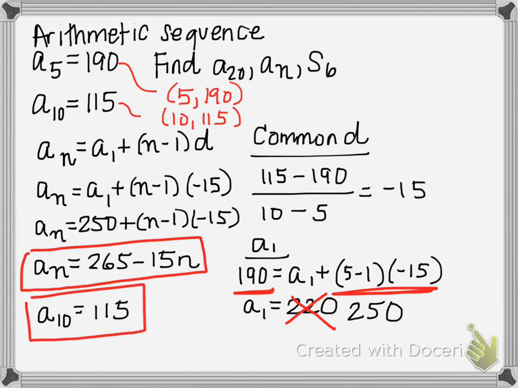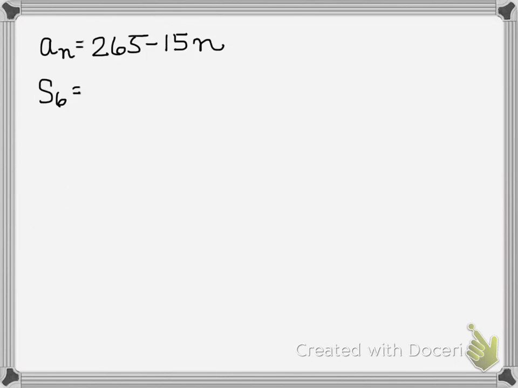And then let's go back to our s sub 6 that we're trying to find. Okay, so we're looking for our s sub 6. We've got our new correct a sub n, and we want the first 6 terms. So that was 250, and then minus 15 will give me the next term, but I want the sum, so I'm not subtracting the next term.